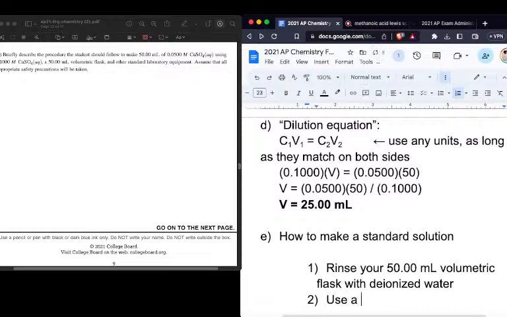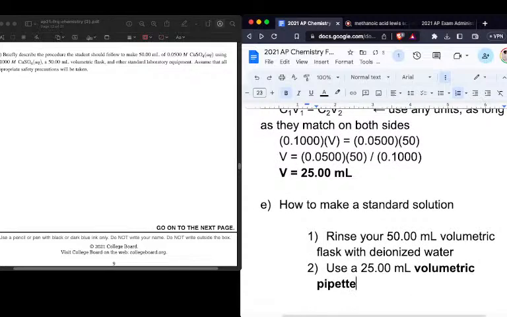Use a 25.00 milliliter, and they're going to want you to say a volumetric pipette. You need something to accurately measure 25 milliliters of the original solution, and the way you can get that most accurately is with a volumetric pipette.